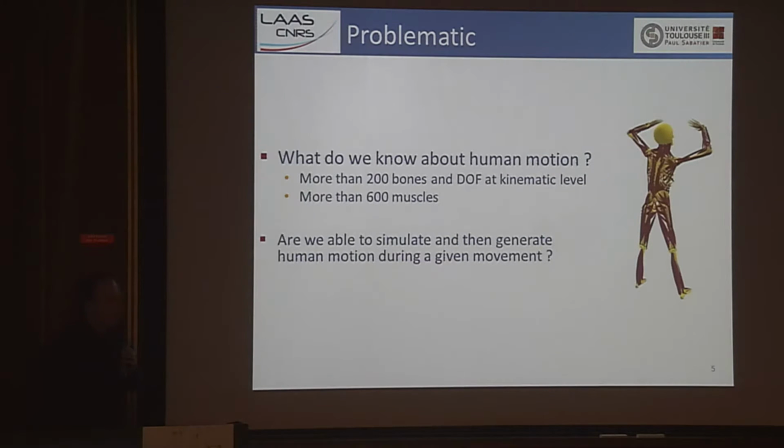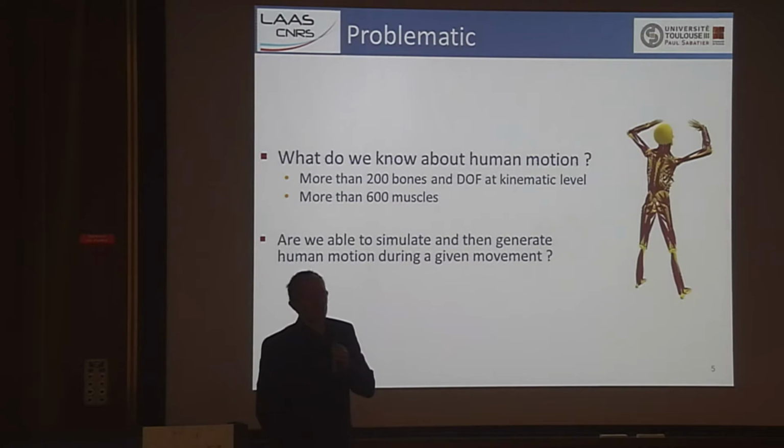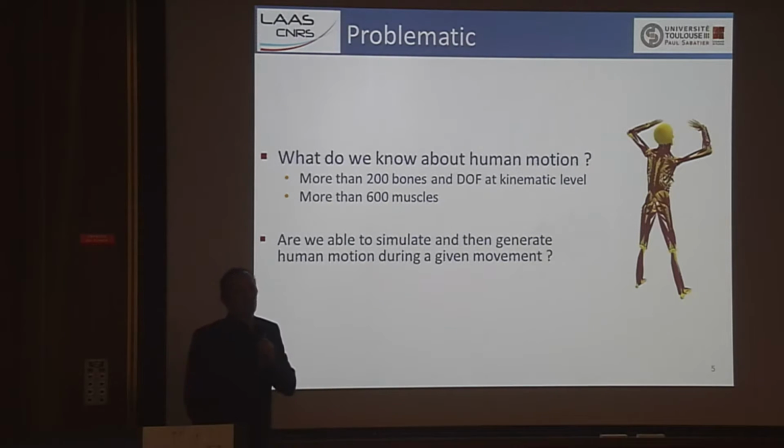So, the problem of simulating and generating human motion is very complex because, as I previously mentioned, of the redundancy of the musculoskeletal system. In fact, the body involves more than 200 bones and 200 degrees of freedom at kinematic level, more than 600 muscles.